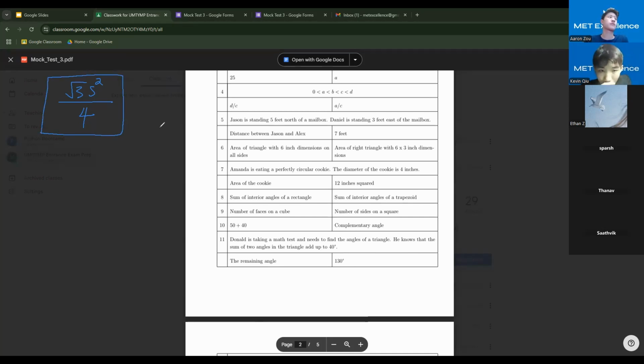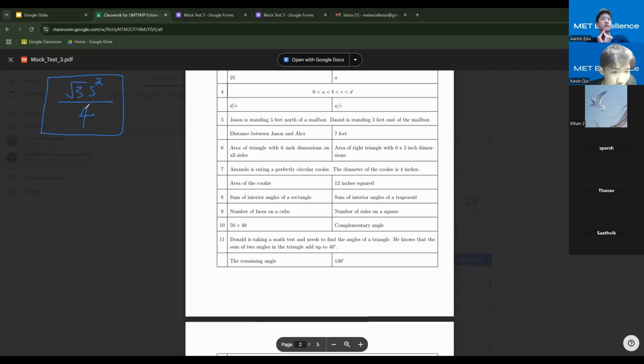Will we learn it in the upcoming classes? You'll learn this in UMTYMP itself, but this is probably too hard for that entrance exam. But if you want to know what it is, it's this. And if it says C, it shouldn't be C. Thank you. So what was the correct answer for that question? The correct answer should be A. Okay, there was a mistake then.